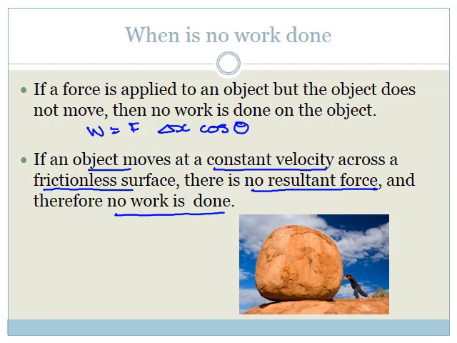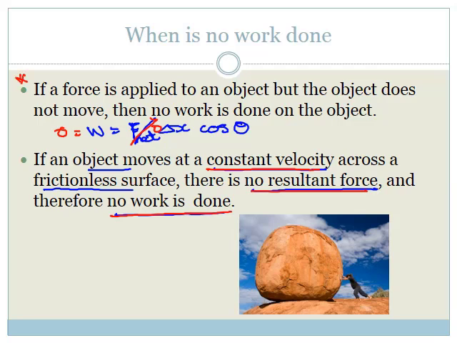But what you need to understand is this is actually F net or F resultant. And if there is no resultant force, then that number there is 0. Then that number is 0, and 0 times anything is 0, so therefore the work done is 0. So if there's no resultant force and the object is moving at a constant velocity, then no work is done.